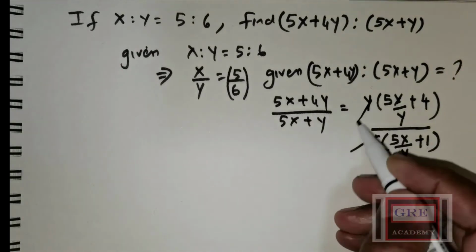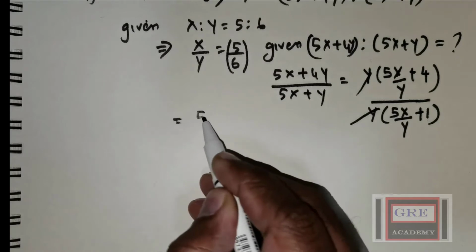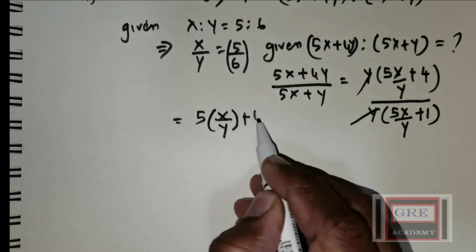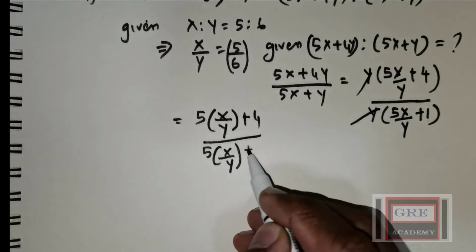Now clearly the y can be cancelled out from the numerator and the denominator. So this is going to be rewritten as (5 of x over y + 4) divided by (5 of x over y + 1).